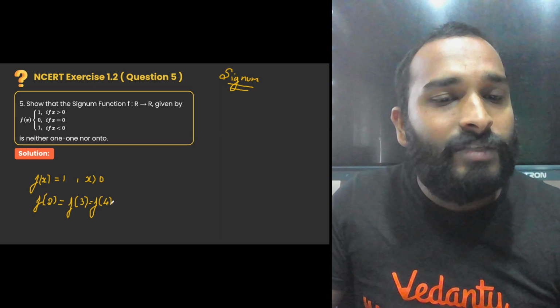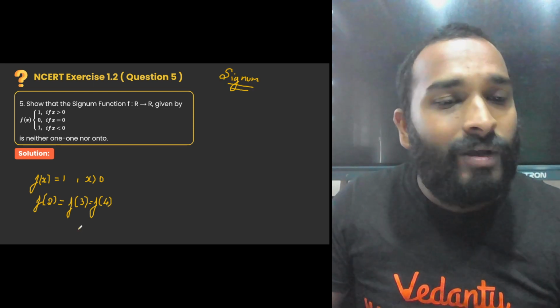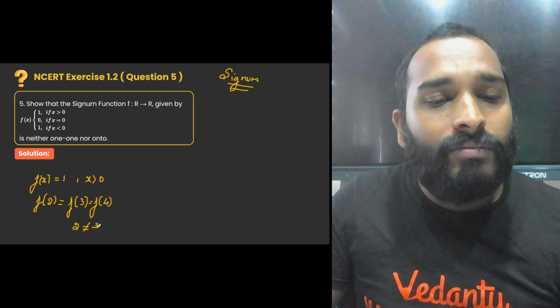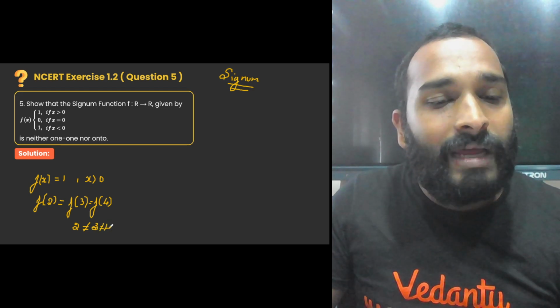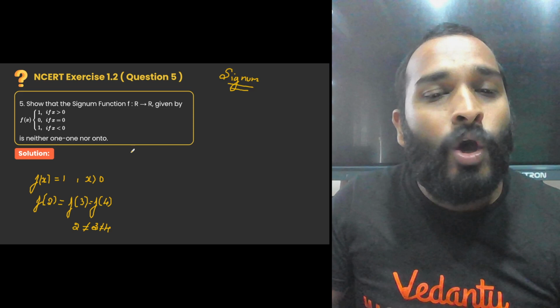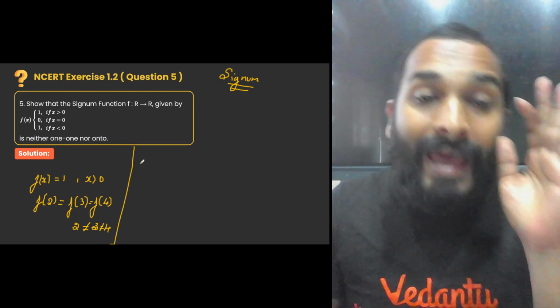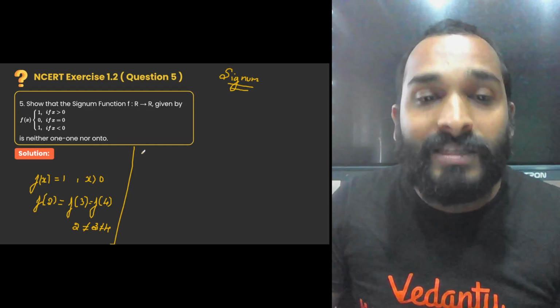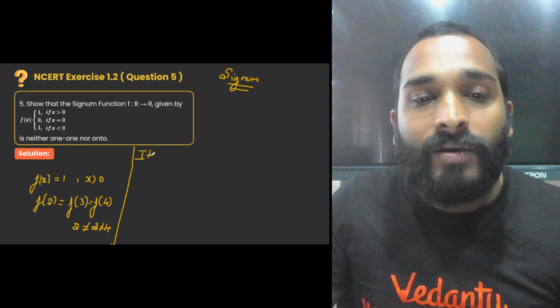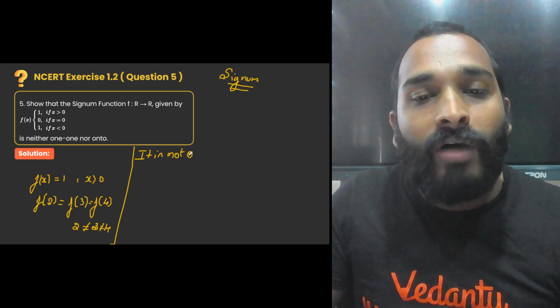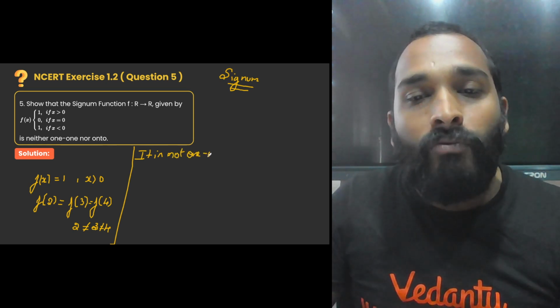All these will take the value 1 because they are greater than 0. That means 2 not equal to 3 not equal to 4, correct? So in that case you can write, this is clearly not a one-one function, because for one-one function if f of x1 is equal to f of x2, x1 should be equal to x2, but in this case it is not one-one, correct children?